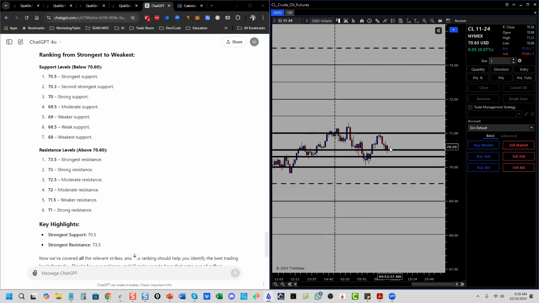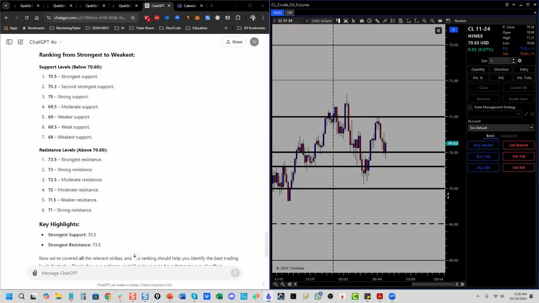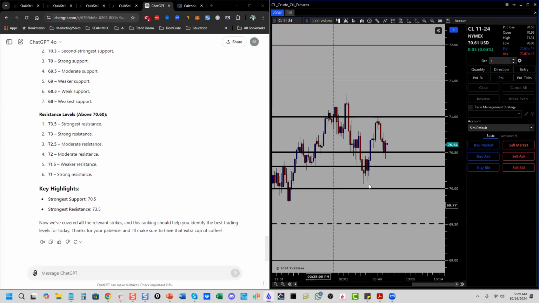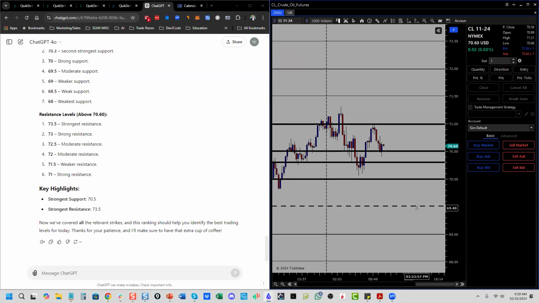And I don't know what's going to happen with news today, but it may take news to break it out of here. But look what it did. It came right down from 71 to 70.50. And you see how it mapped out the difference? So 70.50 is the stronger support for the day. It used to be down here because we corrected that. Does this make sense?